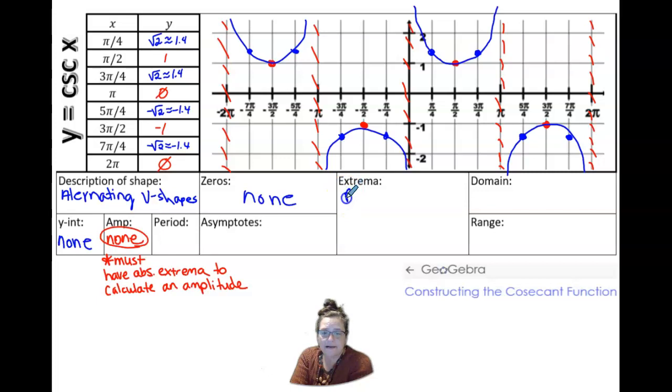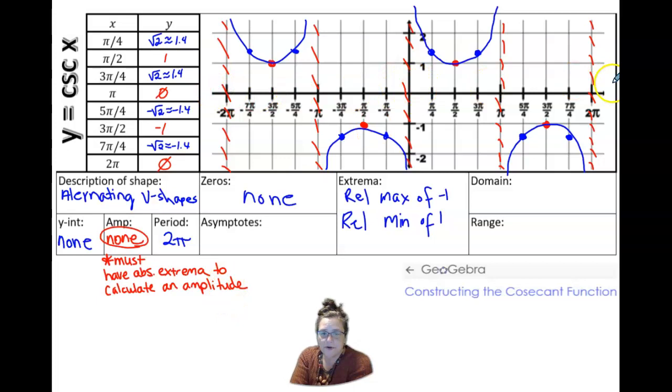We have a relative maximum of -1 and a relative minimum of +1. Okay, the period is the length of one cycle, and in one cycle there's an upward facing U and a downward facing U. So the length of one complete period is 2 pi radians.